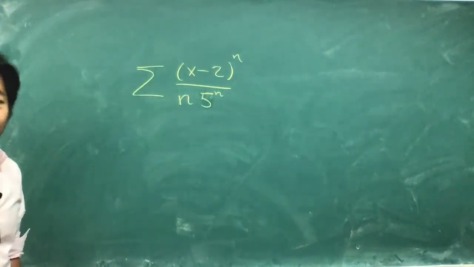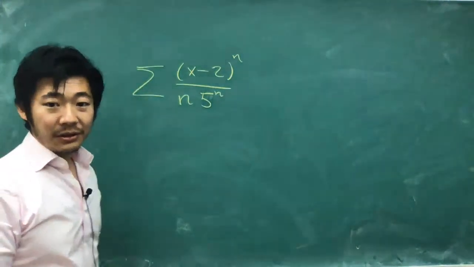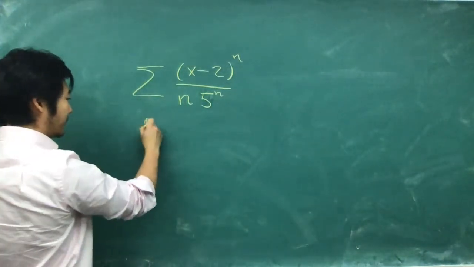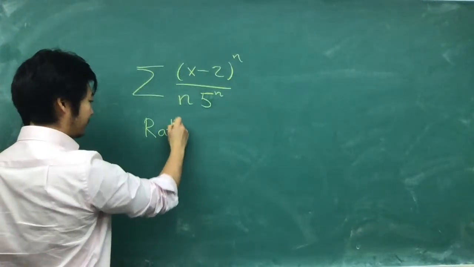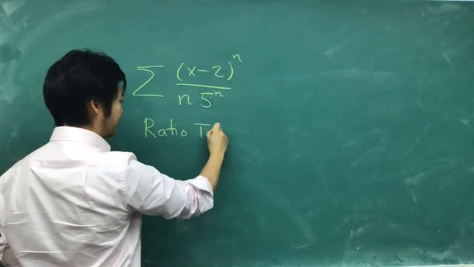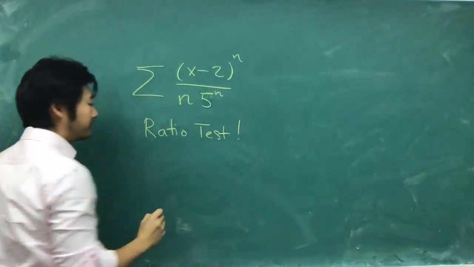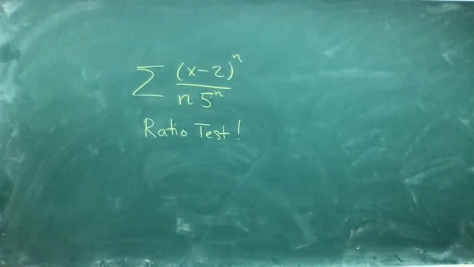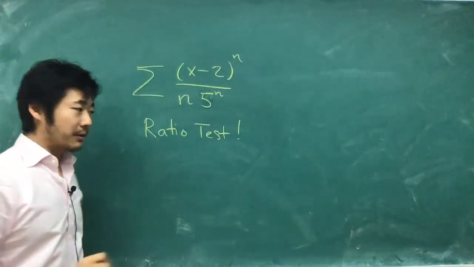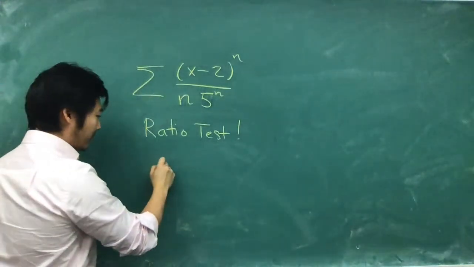So with power series, you always use ratio test. So what's the ratio test?